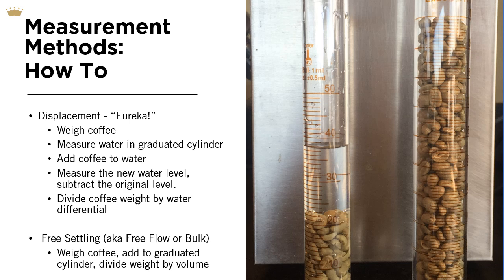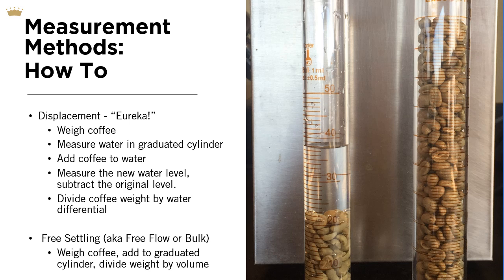You would need to take that differential into account. So either subtract your new figure from the original volume of the water, or simply take the difference of the two. It's the same. Then, using that new water level differential, divide the weight of the coffee by that water differential, and that will give you the density of your green coffee.